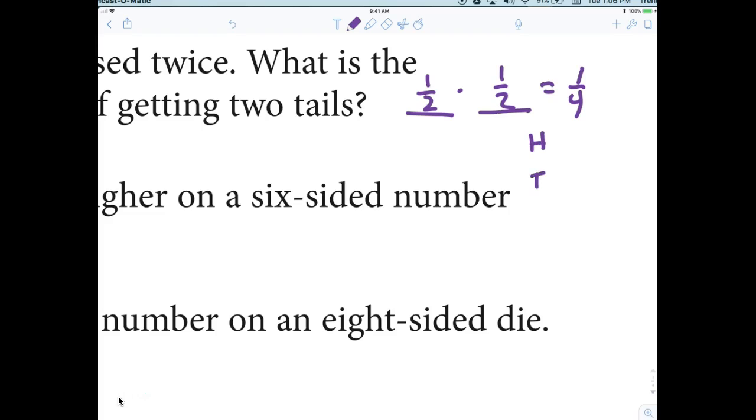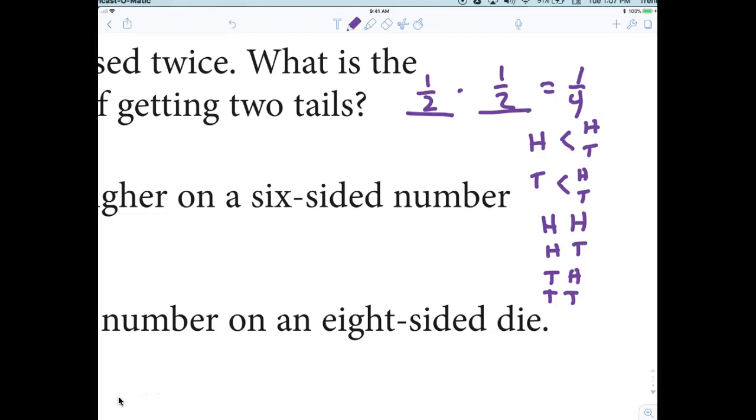The next time I flip it, I can get a head or a tail. Those are the possibilities: H and then an H, an H and then a T, T and then an H, and then T and a T.